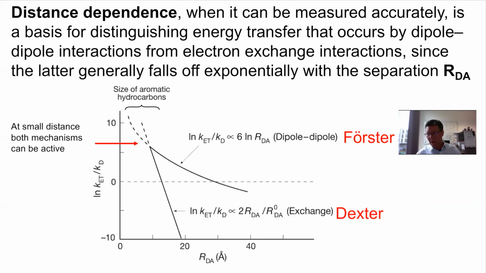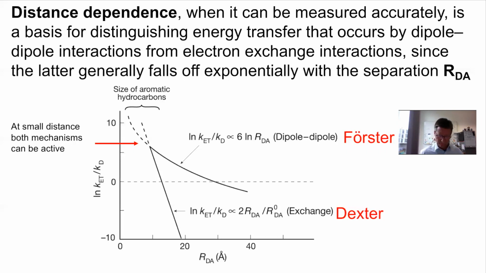Is there an r to the power 6, or is there just a natural logarithm of the rate? So the distance dependence, but also, if you calculate the Förster rate by the Förster model, and it does not correlate at all with what you measure, then it may indicate that there's something else happening. Then maybe the Dexter mechanism is playing a role, and the other way around.